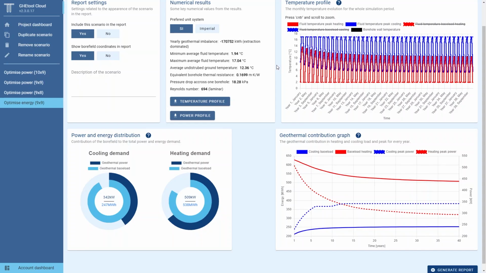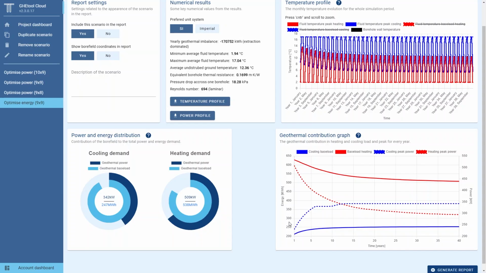So in the first years, the ground is warmer, so we can extract more heat from the ground. But year after year, due to the imbalance, the ground cools down and we can cool more with the ground.